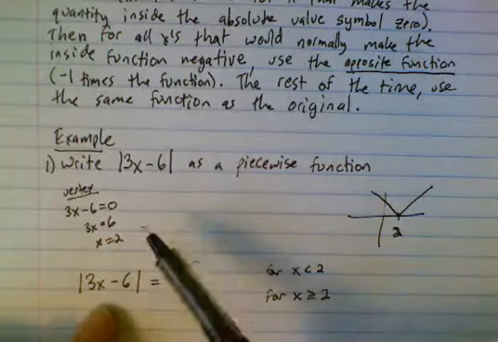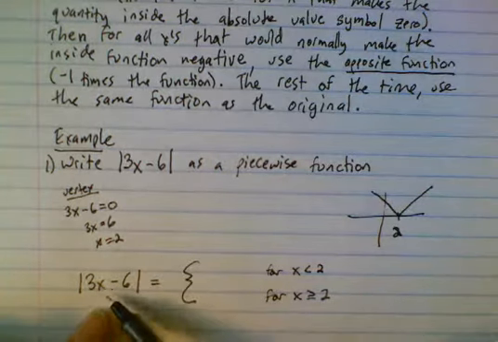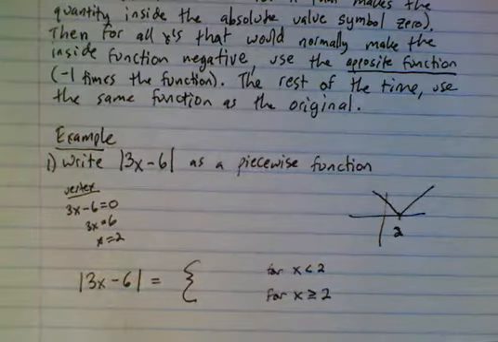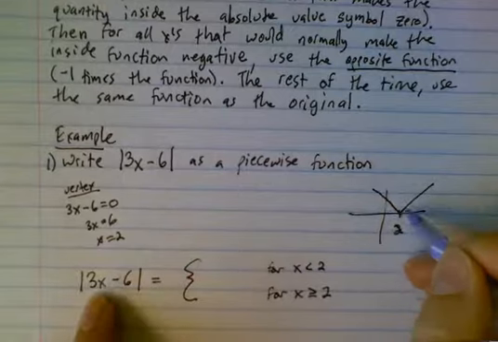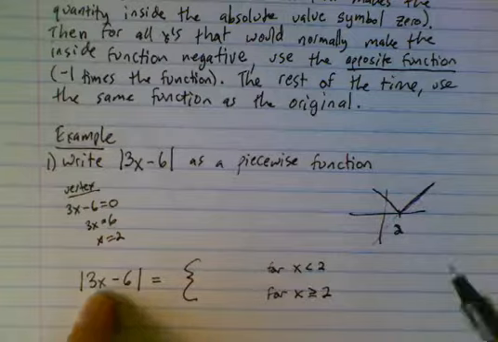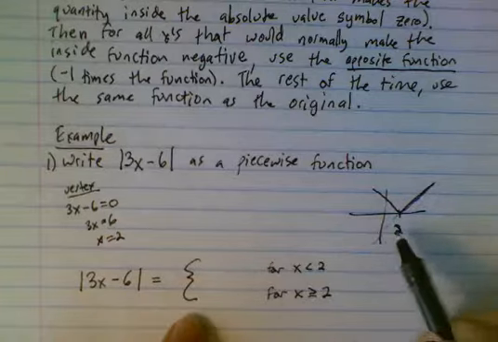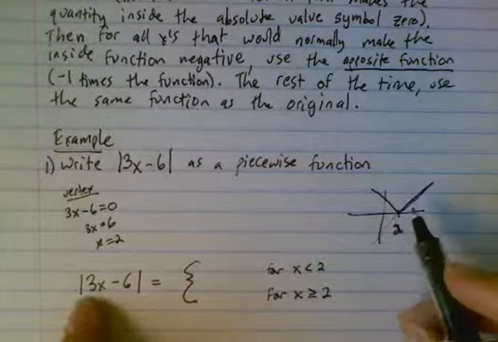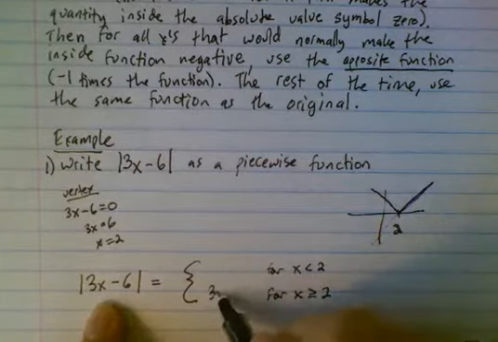And notice that the function just plain old 3x minus 6 has a negative x-intercept, a negative y-intercept down here at negative 6, and a positive slope. So really we're talking about this little part right here. So when x is greater than 2, we're just using exactly what was originally inside the absolute value.